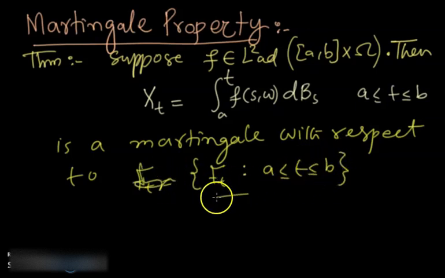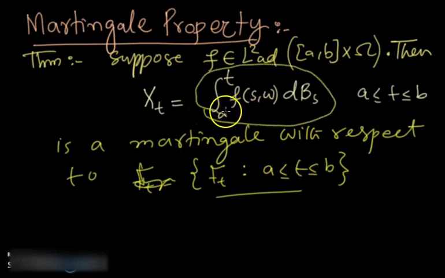So with respect to this filtration, this process, which is of course the Ito integral of an adapted stochastic process, is a Martingale. We won't get into the proof of this as well, because we have already done it for the Wiener integral.